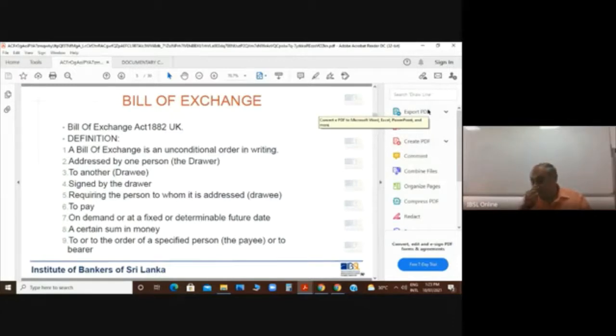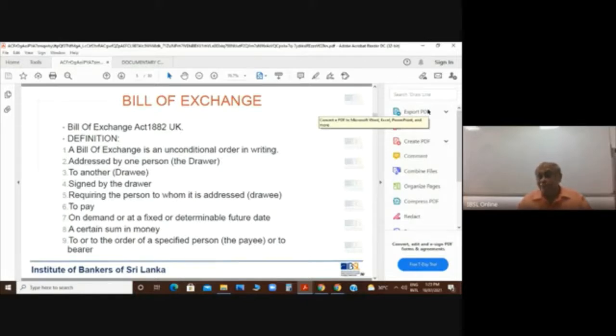Then you have to do the payment only on 30th July. Before that, you can't, right? The same here. If you say to pay on 22nd October, then it has to be 22nd October. Fixed or determinable future date.